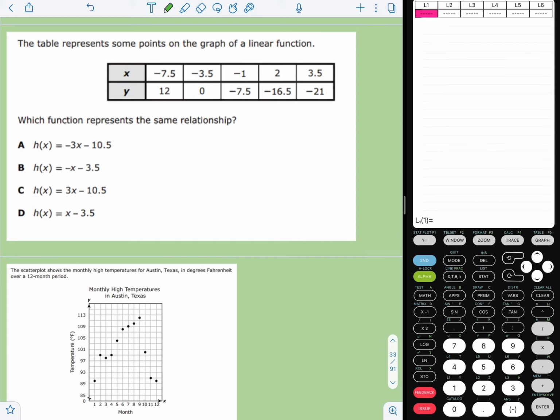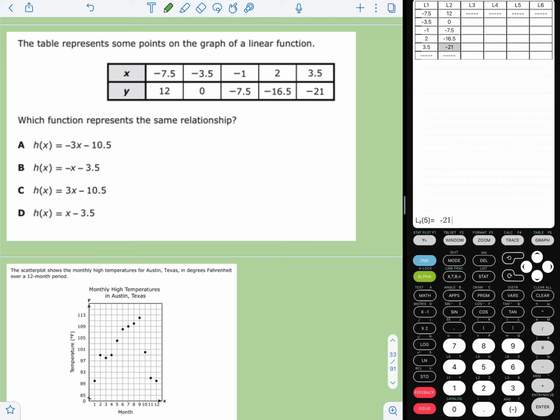Now we're going to put our x values in this problem into L1. So negative 7.5, negative 3.5, negative 1, 2, 3.5. All right, and then we're going to plug in 12, 0, negative 7.5, negative 16.5, and negative 21.